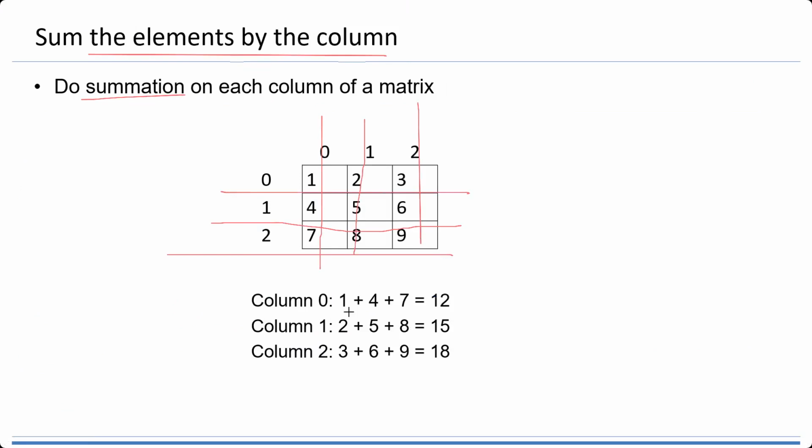So the column 0 means 1 plus 4 plus 7. Column 1 is 2 plus 5 plus 8. Column 2, 3 plus 6 plus 9. Then you will show this result 12, 15, and 18. How can we do this?